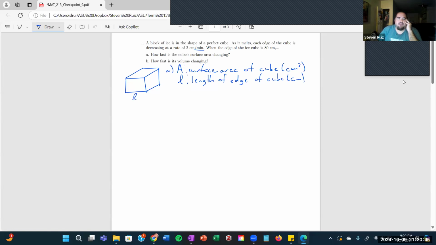So if every edge of this cube has a length L, all the faces of a cube are squares. So the surface area of this cube is going to be length squared times the number of faces there are. Think of a die. A die is a cube, approximately. It has 6 faces. So the area, and I'll just call it A, equals 6L squared.